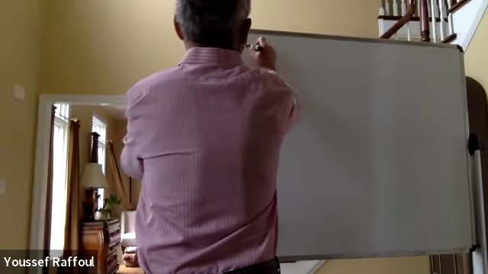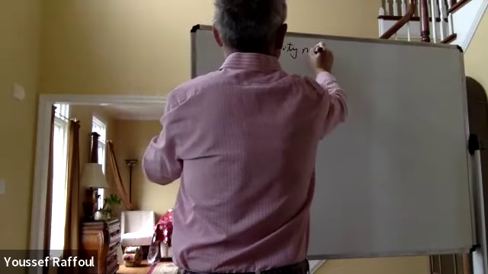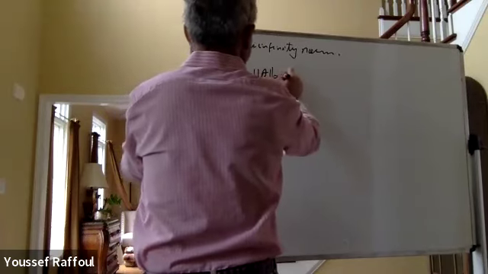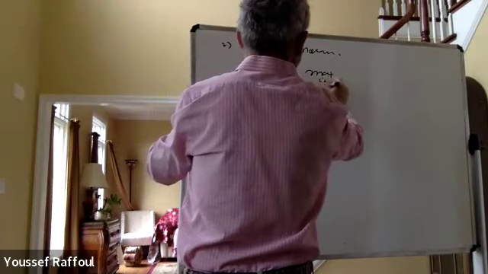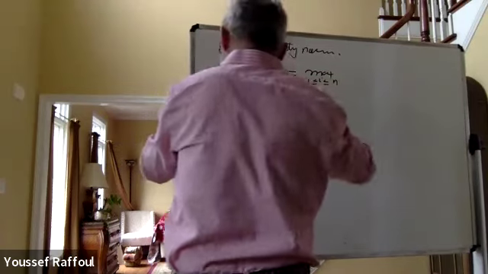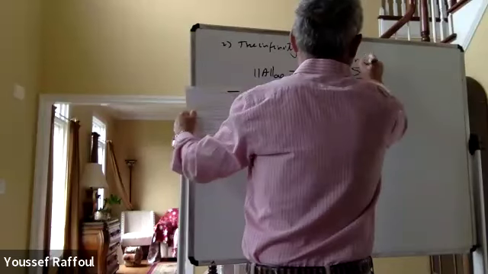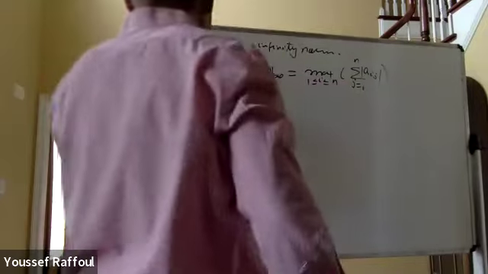Next is the infinity norm, and this is denoted by ||A||_infinity, and this is the max over i between 1 and n of the sum j equal 1 to n of |aij|.